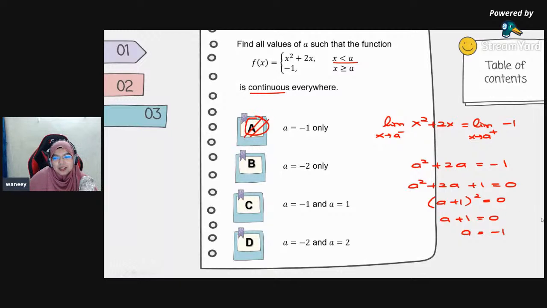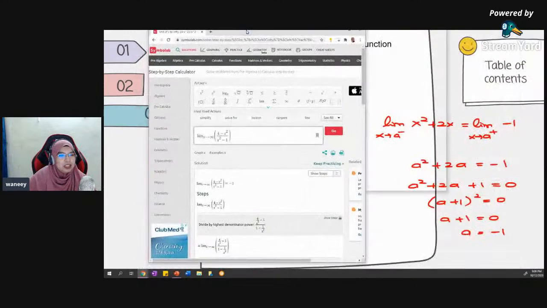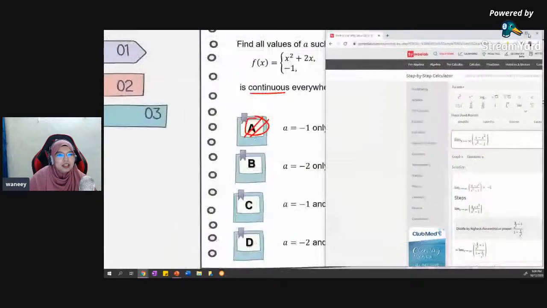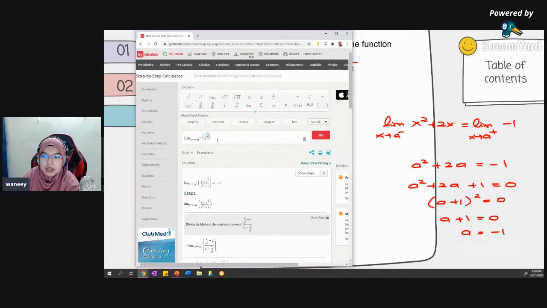Well done. So now let us check using limit. Okay, so like I told you, the limit of x approaching a on the left hand side. So a kuasa kiri. So function dia adalah x kuasa 2 tambah 2x.